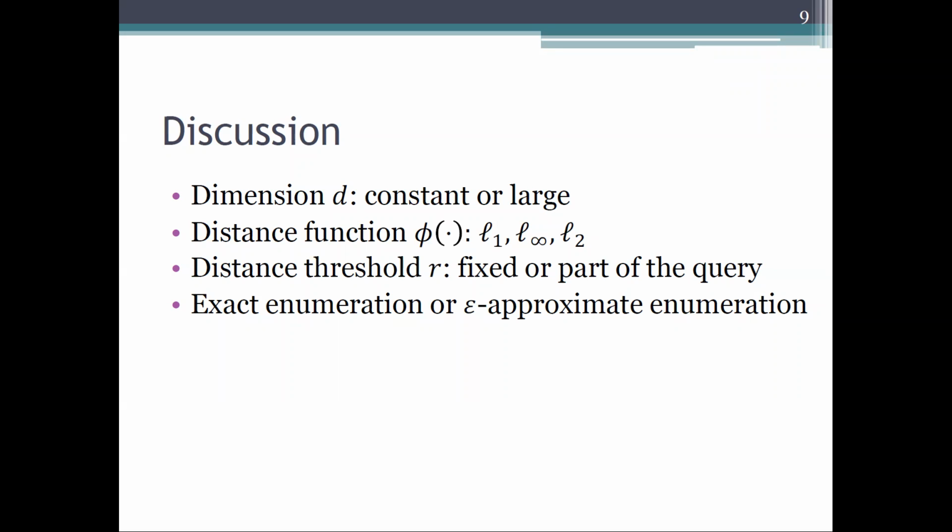Then notice that the distance threshold r can either be fixed, meaning that it is known in the pre-processing phase while we construct the data structure, or it can be part of the query. In the second case, we need to construct the data structure so that we can answer a similarity join query for any possible threshold r. Finally, we provide results for both the exact enumeration and epsilon approximate enumeration problem.